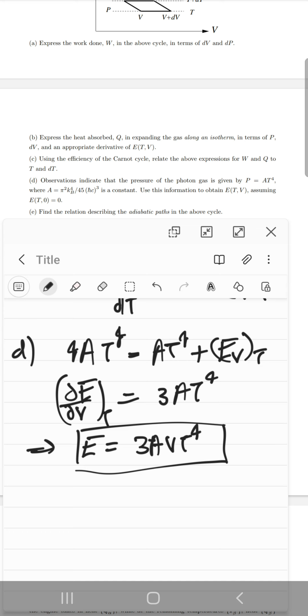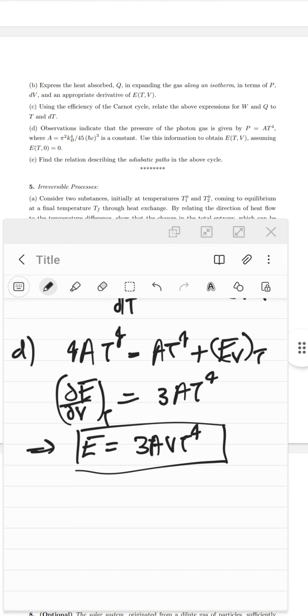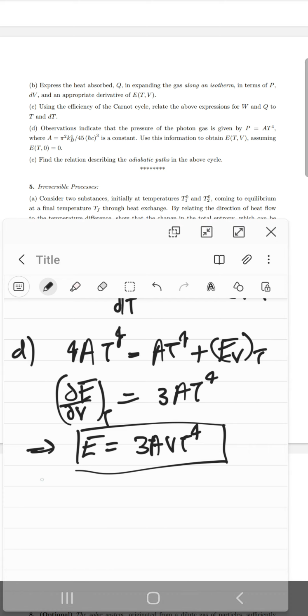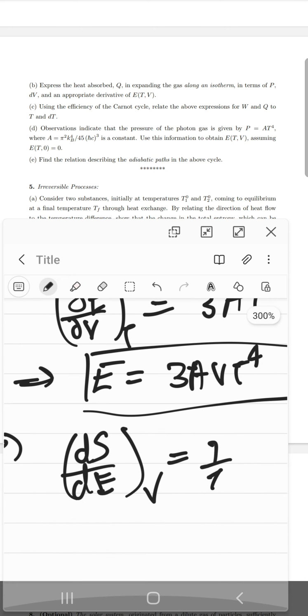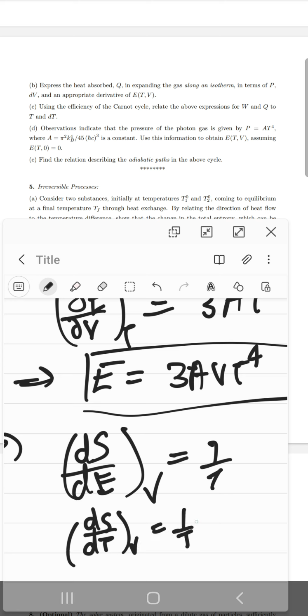Fine. So find the relation describing the adiabatic. We're going to get entropy as well, right? I think it shouldn't be that hard, because you have this equation that ds/dE at constant volume is equal to 1 upon temperature. So you could write this as ds/dT at constant volume is equal to 1/T times dE/dT at constant volume.